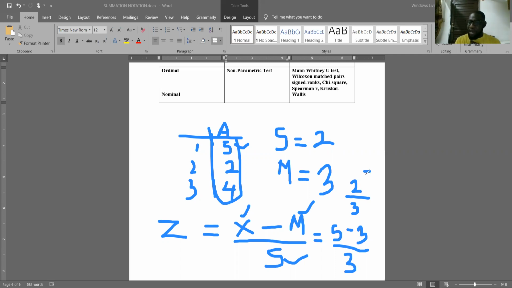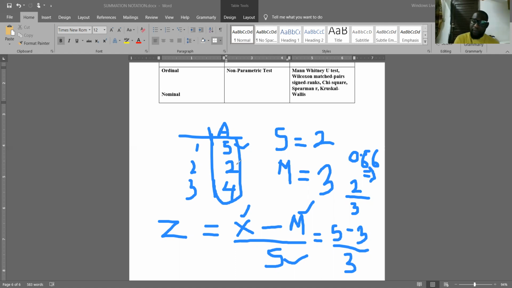So when I find the z-score of a raw score of 5 on a normal curve distribution, I'm supposed to get a value of 0.667.